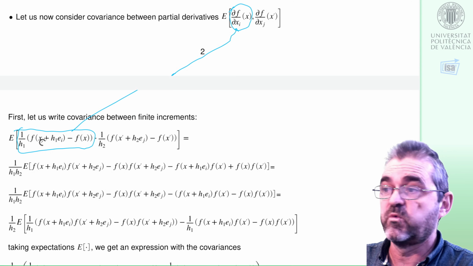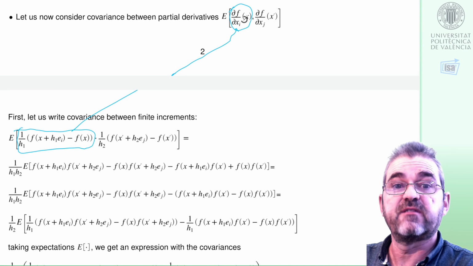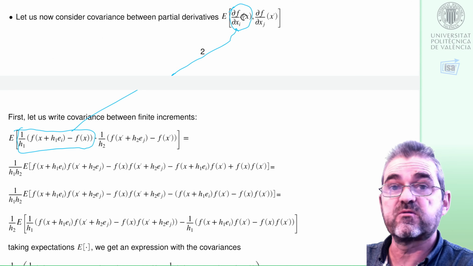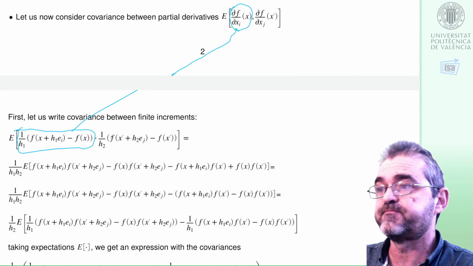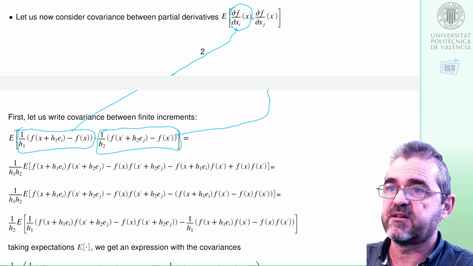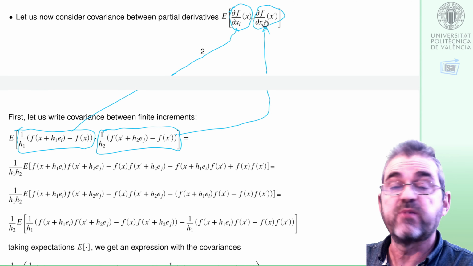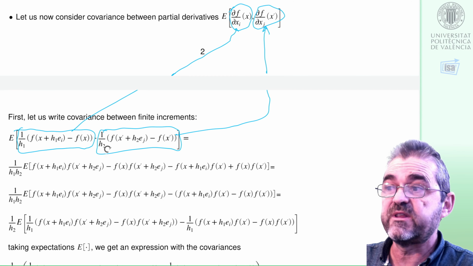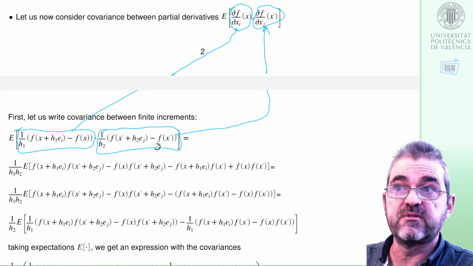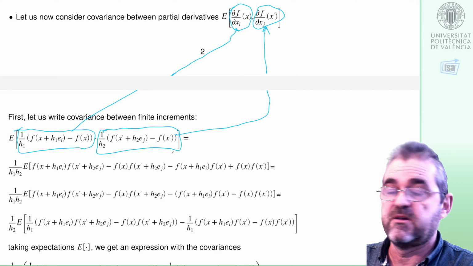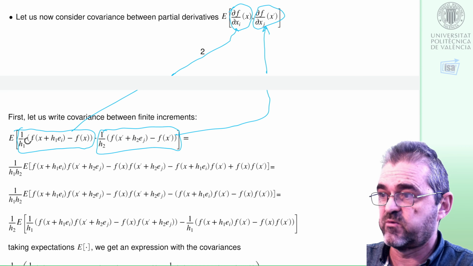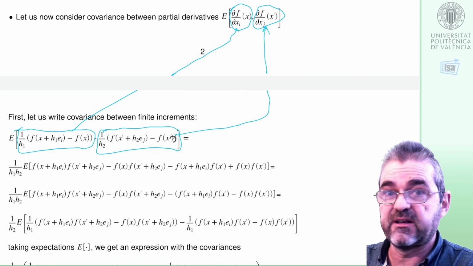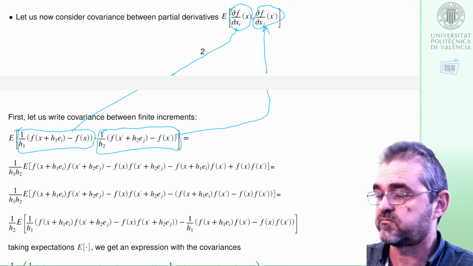This thing will be this partial derivative when we take limits when h1 tends to 0, and this thing will be this second partial derivative when we take limits when h2 tends to 0. So we'll first operate with this expression and later on take the limits.